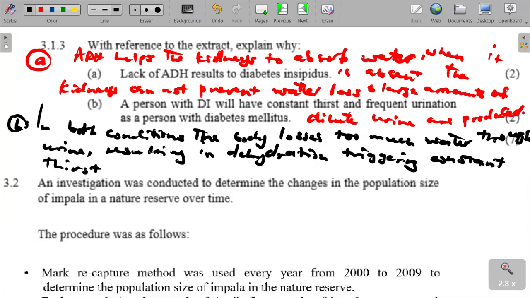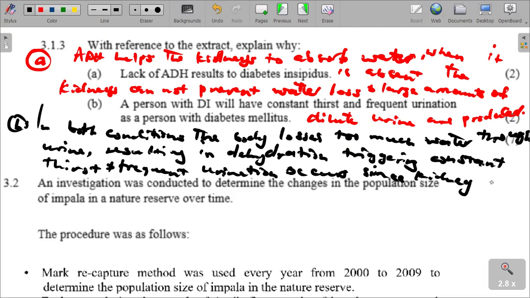And frequent urination occurs because the kidneys continue excreting excess fluid.